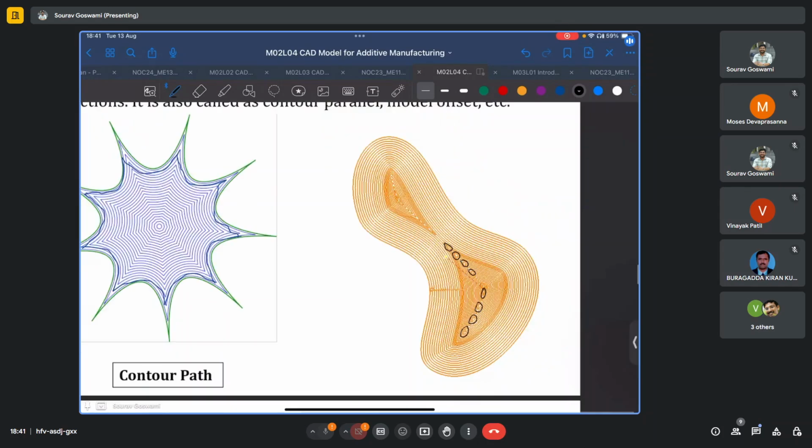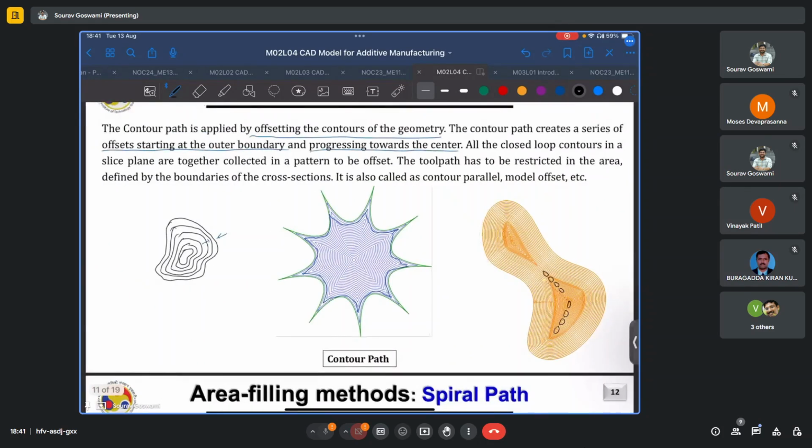Thus, this contour parallel toolpath might work wonders for some geometrically complex patterns, but for other patterns, it might not be very suitable. For simple patterns, of course, it will work well. Now, all the closed loop outer contours in a slice plane are together collected in a pattern to be offset, and the toolpath has to be restricted in the area defined by the boundaries of the cross section.